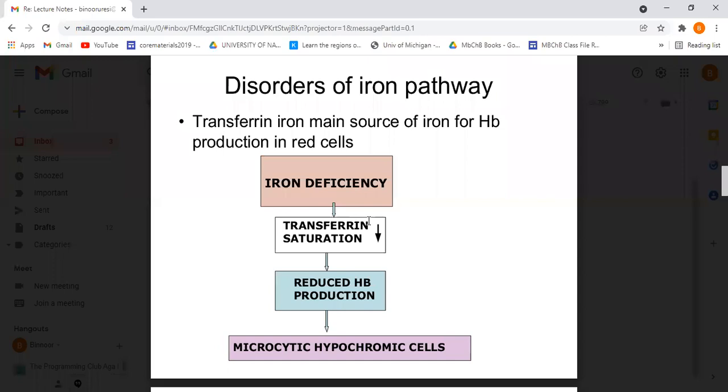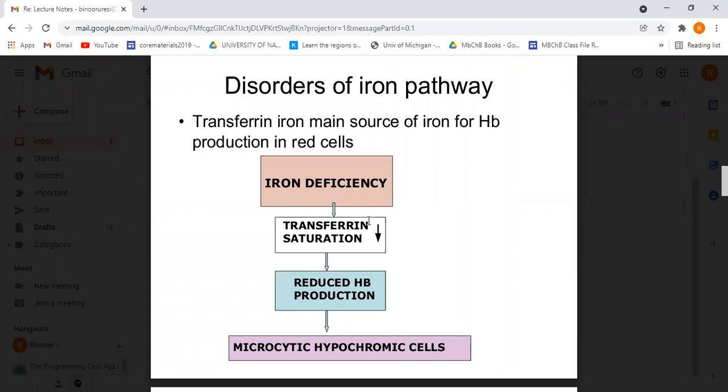Transferrin is the transfer form, the one being transferred, as I said. You have iron absorbed in the GI, transferred to the red cell, so it can be incorporated in formation of the hemoglobin.